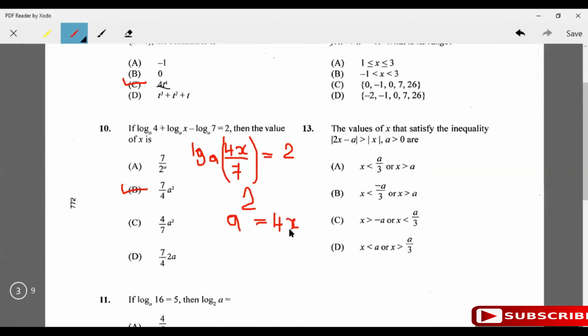Then we make x the subject from this. So we have a squared is equal to 4x over 7. Hold on, sir, when you log both sides, repeat.